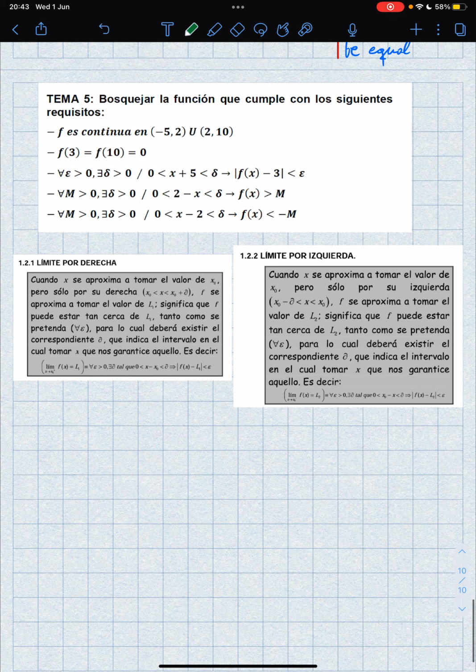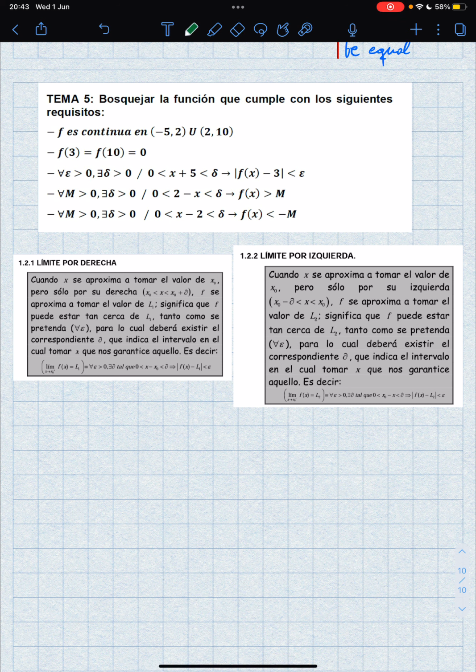Why? Because it says that it is continuous from -5 to 2 and from 2 to 10, but it's not including the value 2 here. What does it mean?